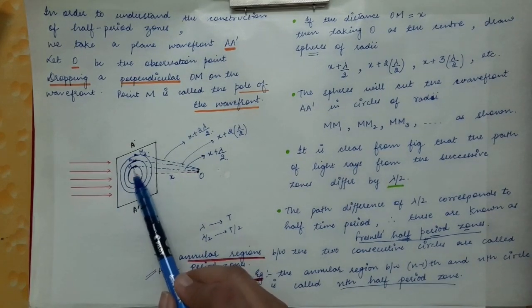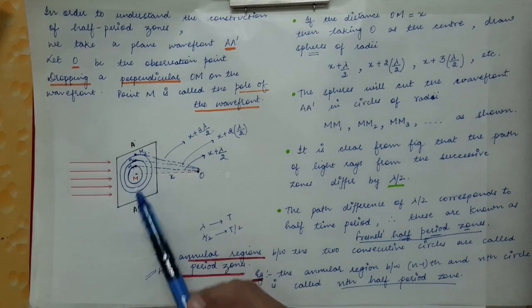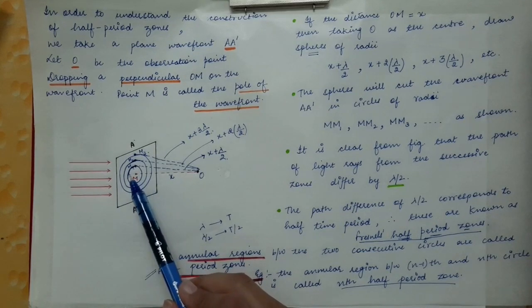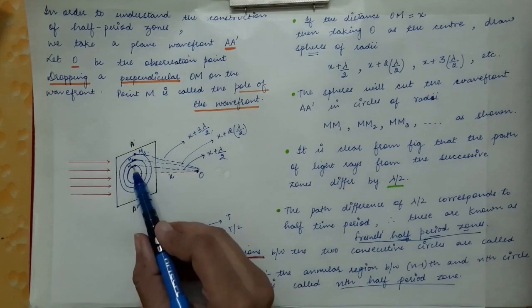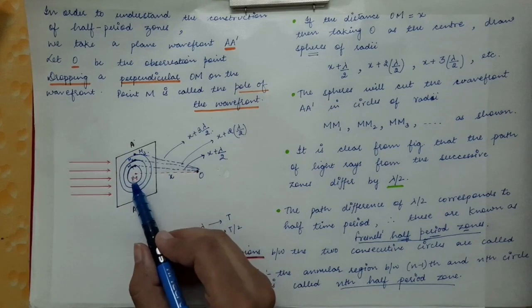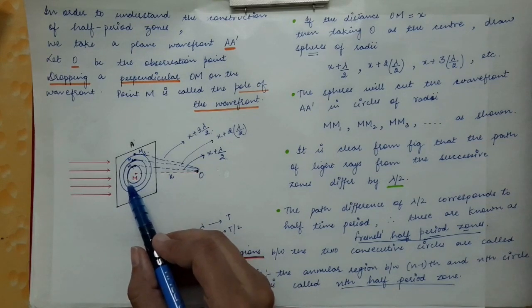The whole area covered by the first circle is called Fresnel's first half period zone.